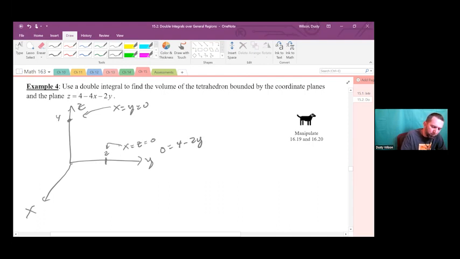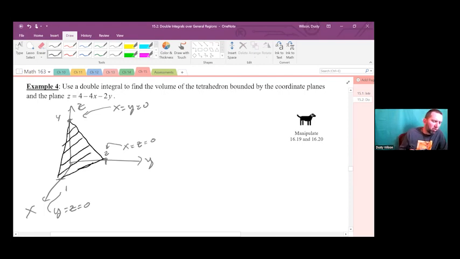Right there. And if we let our y and our z equal 0, then that would be saying 0 equals 4 minus 4x, or x equals 1. There's the 1. Comes out right here. And so our surface in the first octant would look something like this.